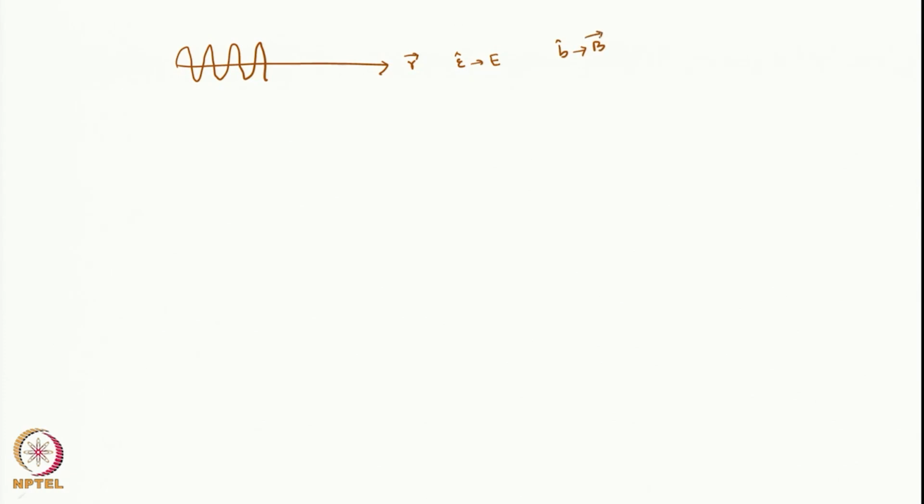Now, there are three components of both the electric field and the magnetic field. So, E will consist of Ex, Ey and Ez. Similarly, the magnetic field will have three components, that is Bx, By and Bz.